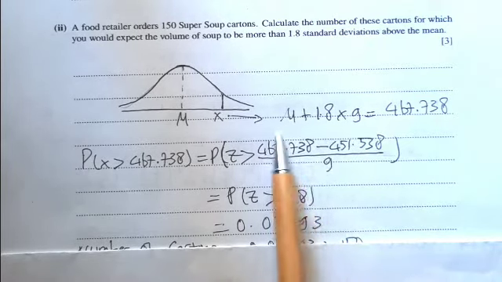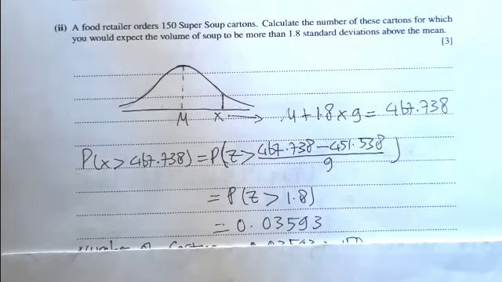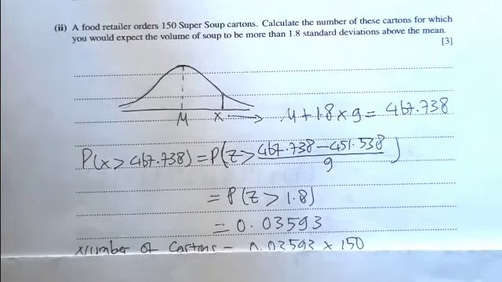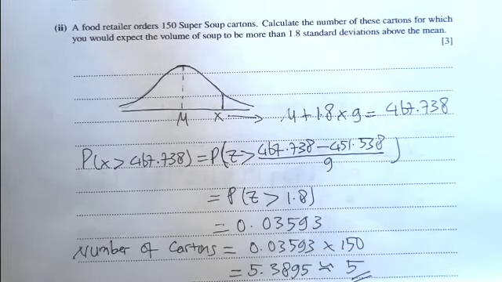From the table or calculator we obtain that the probability is 0.03593. Thus the number of cartons is the probability times 150, that is 5.3895, thus approximately 5 cartons.